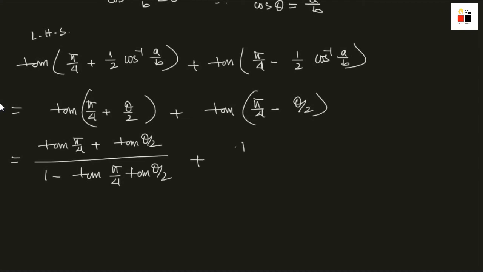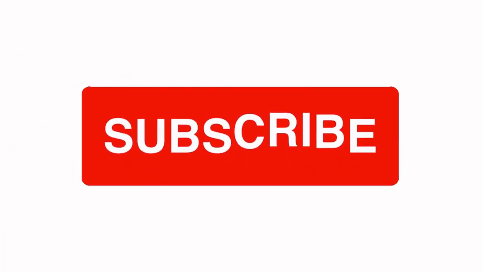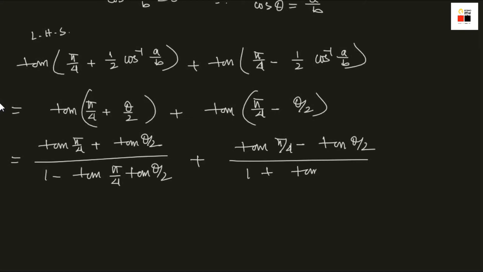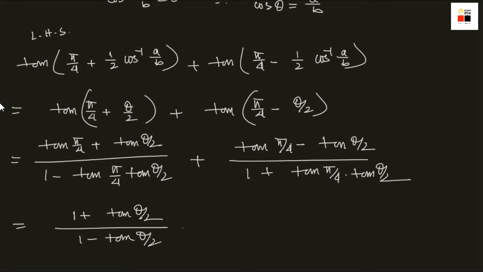Similarly, tan pi by 4 minus tan theta by 2 divided by 1 plus tan pi by 4 tan theta by 2. This is equals to 1 plus tan theta by 2 divided by 1 minus tan theta by 2 plus 1 minus tan theta by 2 divided by 1 plus tan theta by 2.